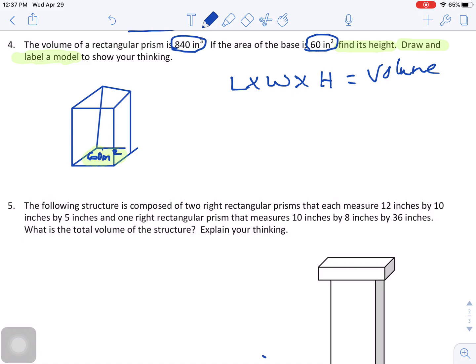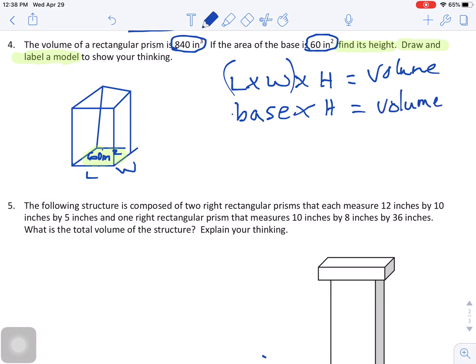Well, my length and width are the base. So another way that we could say this is the length and the width are the base. So it could be base times height. We could think of it as base times height equals the volume.